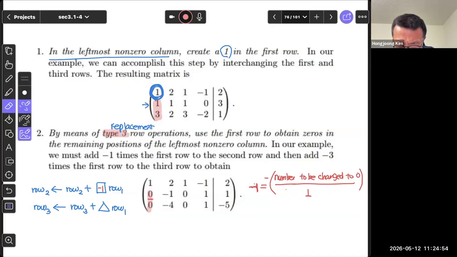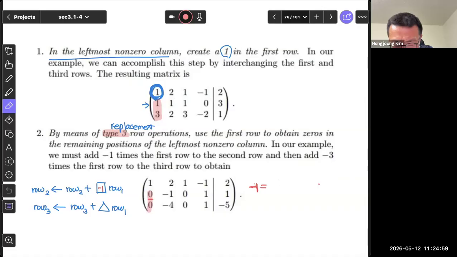So negative 1 is the number to be changed to 0 with minus sign. So that you multiply that number to the first row and then add it to the second row, then 1 in the second row first column will become 0.